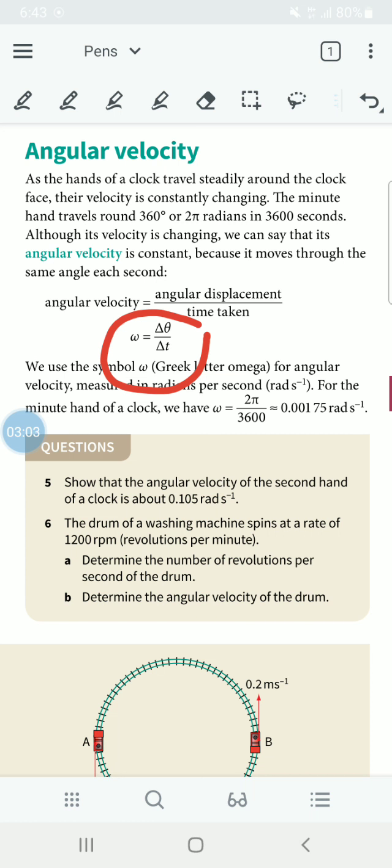Then determine the angular velocity of the drum. So now it rotates 20 times in 1 second. Again they are asking for the angular velocity.